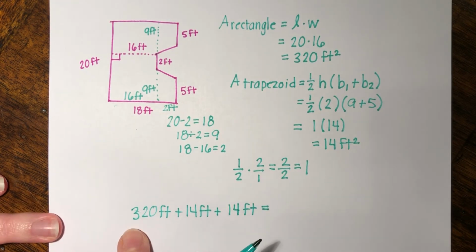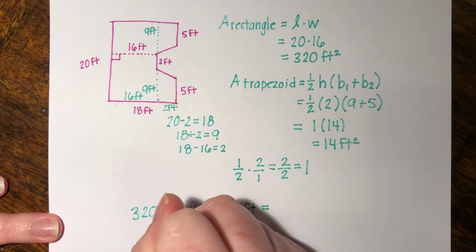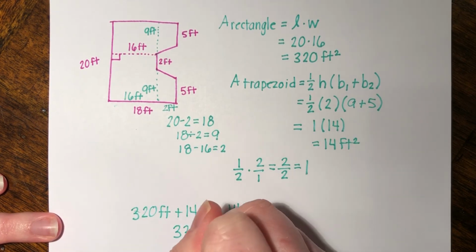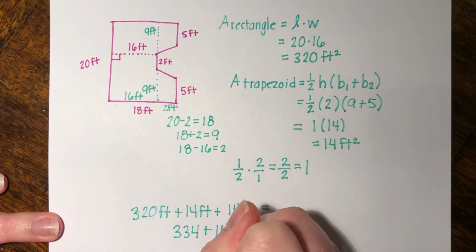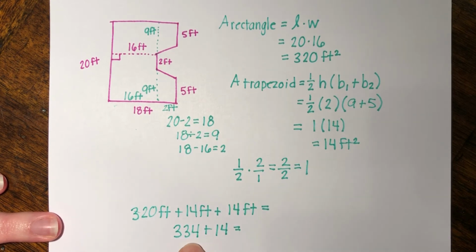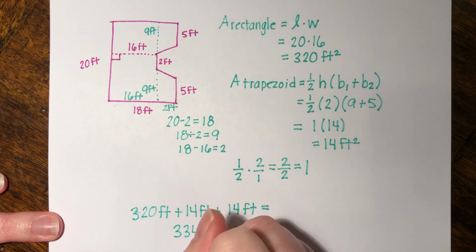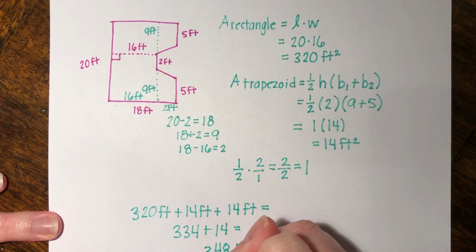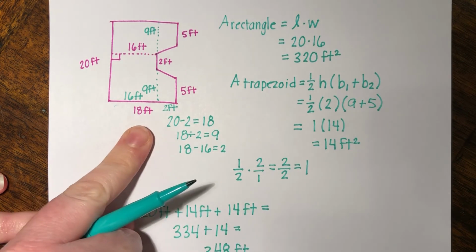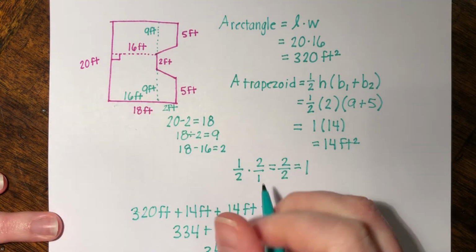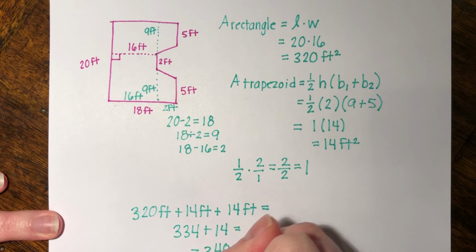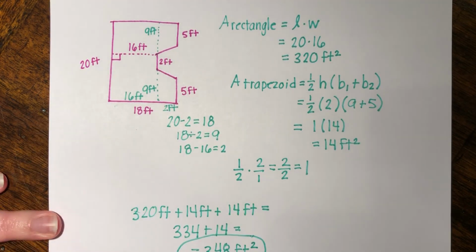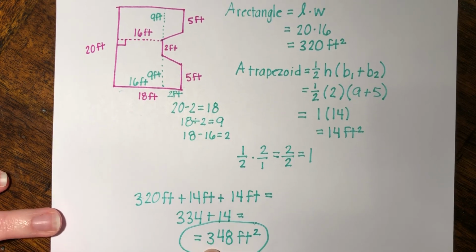And if I was to add 320 plus 14, I would get 334 plus 14. And if I was to add 334 plus 14, I would get 348. Our units are in feet, and this is area, so we're going to square it. So therefore, the area of our entire shape right here is 348 square feet.